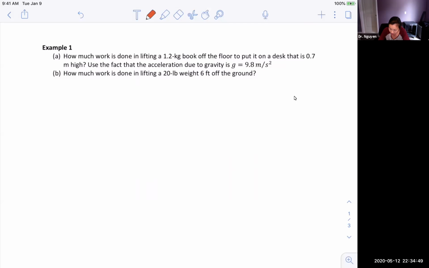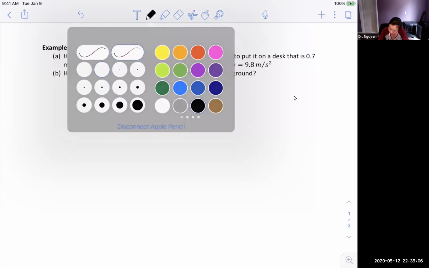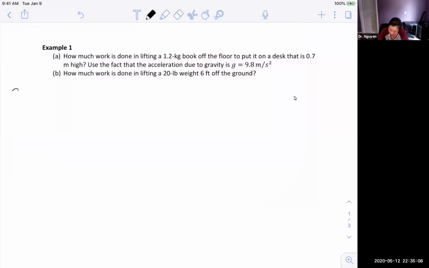Anyway, let's try number 1 here for part A. The work done in lifting a 1.2 kilogram book off the floor to put it on the desk, that is 0.7 meter high. So first thing we need to do is take care of the force, right? So the force is m times g. g is gravity.